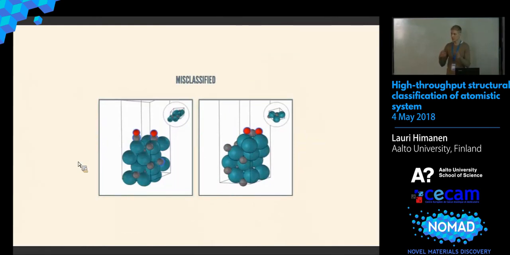So I have some ideas. You could take a look at the symmetries in order to distinguish between amorphous things and crystalline things. But the implementation is not yet here. But it's a good idea, and I think it can be done.